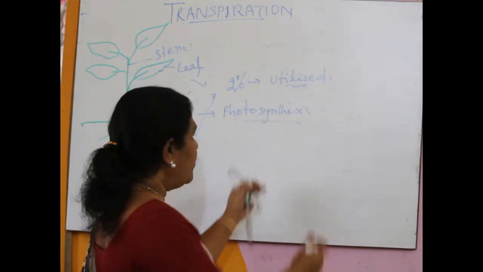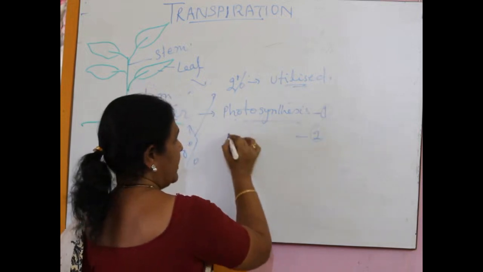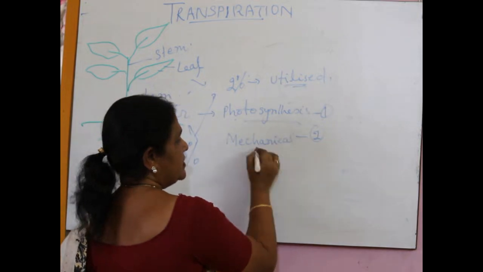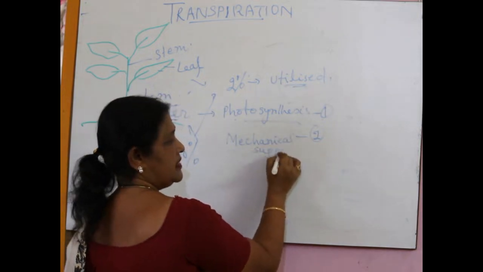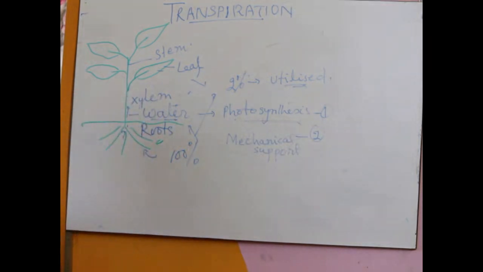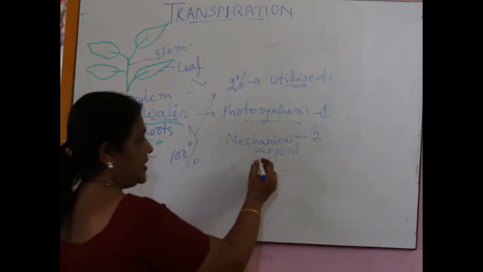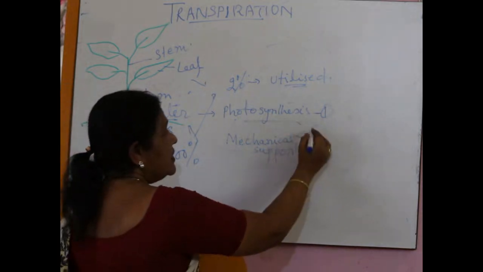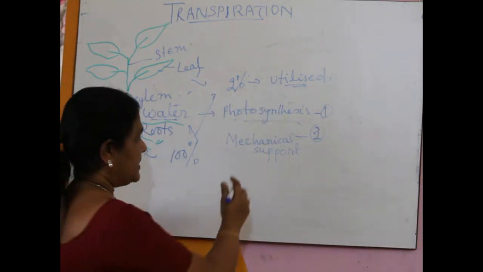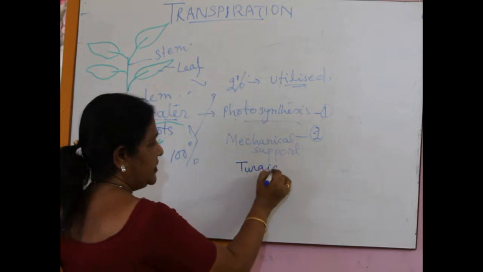For carrying out photosynthesis, for providing mechanical support, that is, the plant remains upright, right? And that provides turgidity, you can say.